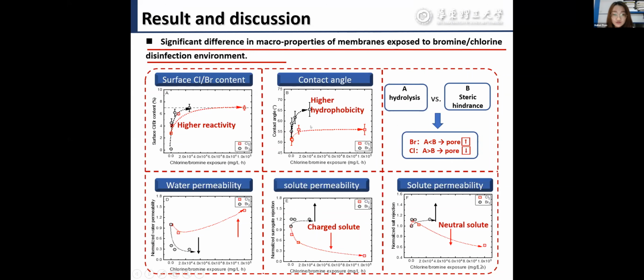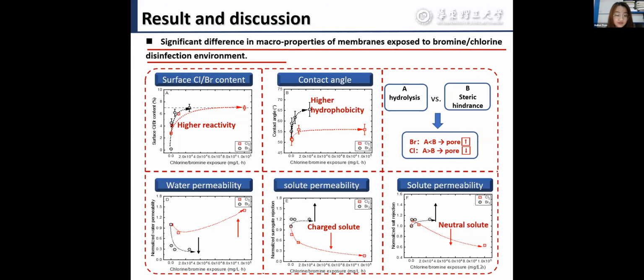And the greater hydrophobicity of bromine than chlorine might cause a more hydrophobic membrane surface. It is worth noting that bromination and chlorination resulted in opposite variation trends for water permeability and neutral solute permeability.